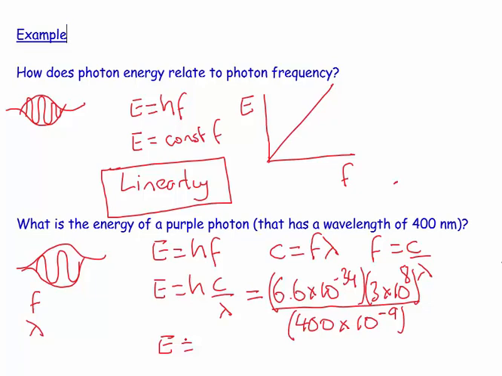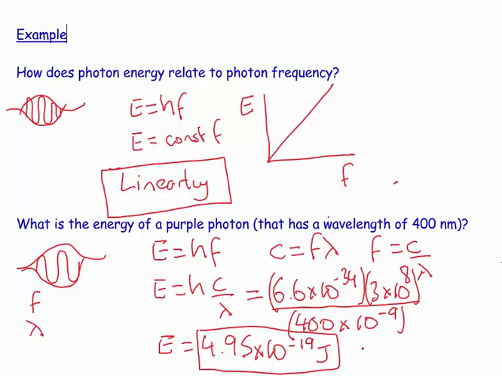And I'm getting from that 4.95. So this equals 4.95 times 10 to the minus 19, and that would be in joules because I'm in SI units.